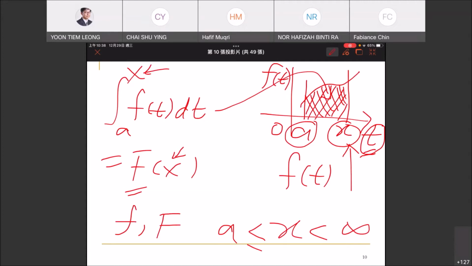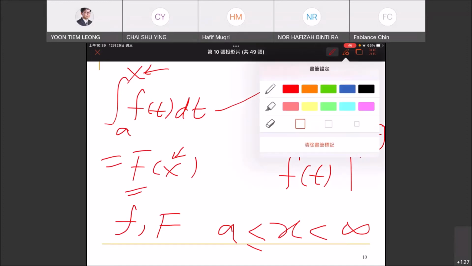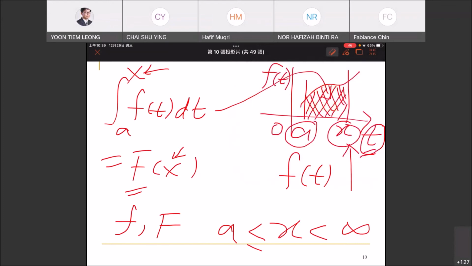When I mention f, I will try my best to say explicitly whether I'm referring to the capital F or the small letter f. So here I'm defining the capital letter F to represent the area of the small function f for t ranging from a to x. So just a definition of the functions. That's all I want to say.